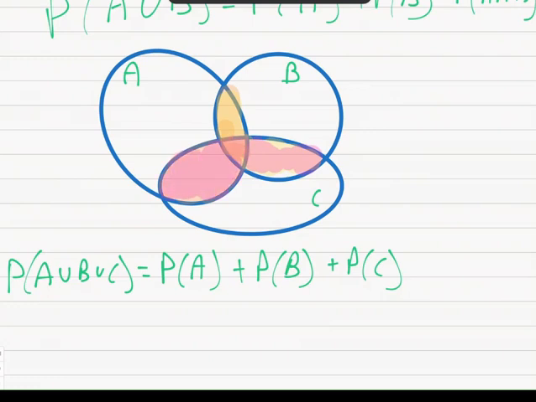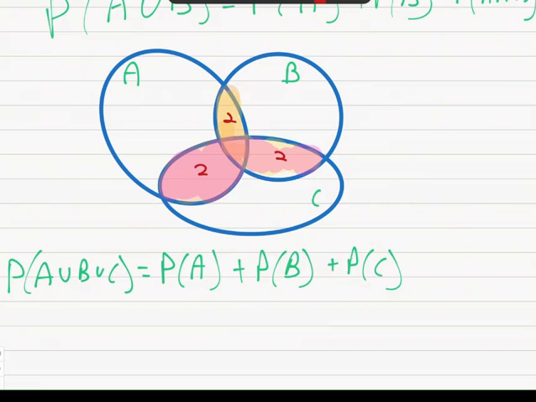Right? So now what happens? Well, we've added these intersection areas. Well, let's count. So we've added this one twice, when we did the probability of A, and then again when we did the probability of B. We've added this one twice when we did the probability of A and when we did the probability of C. And we've added this one twice, probability of B and probability of C. Both included that two-way intersection.